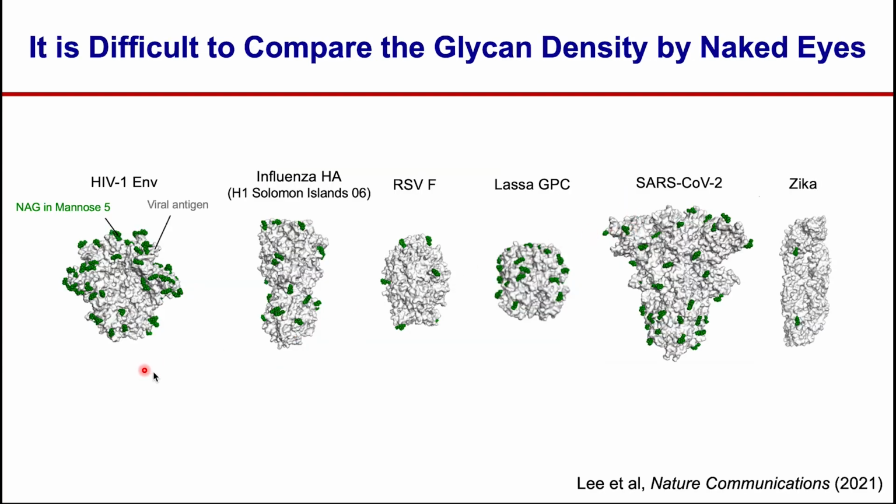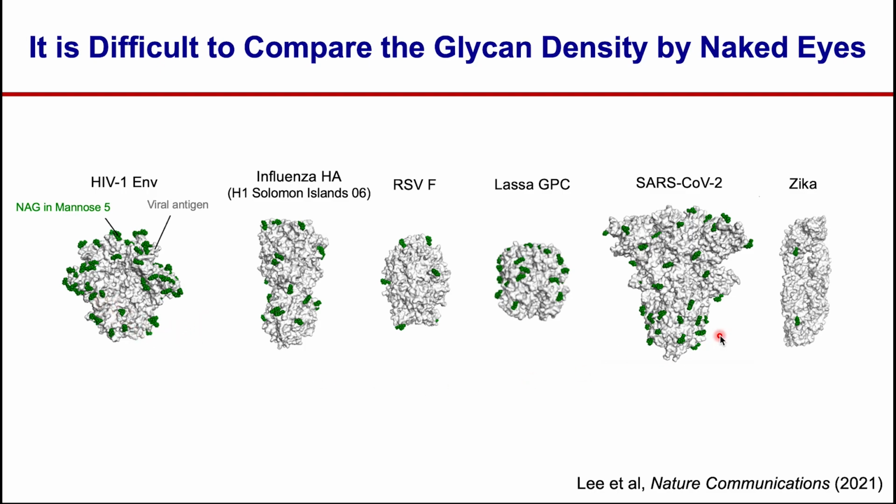For lots of diverse glycoproteins, from the left, HIV-1 envelope trimer, influenza virus, RSV F, Lassa GPC, SARS-CoV-2, or Zika virus, there are many different types of viruses that have glycans. If you look at the structure, each glycoprotein has a different density of glycan coverage.